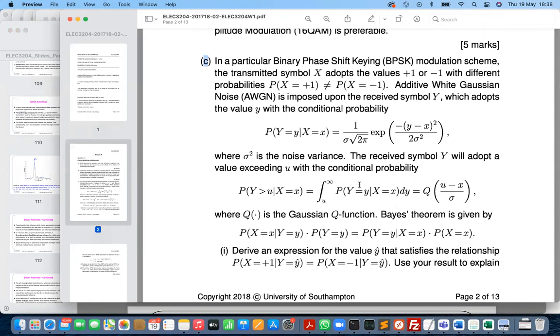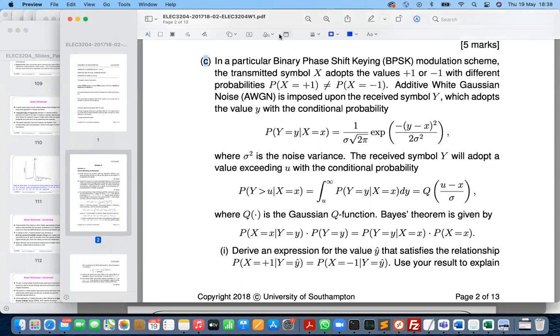Okay, so let's take a look. So normally when we have a BPSK constellation, 1 and -1, we normally assume that the probability of transmitting -1 and transmitting 1 are equal.